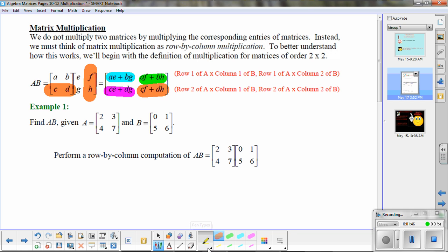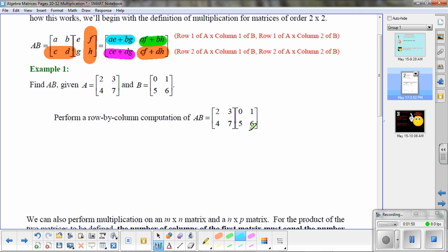So let's go ahead and do this first example together. I'm going to go ahead and do the first row times the first column.